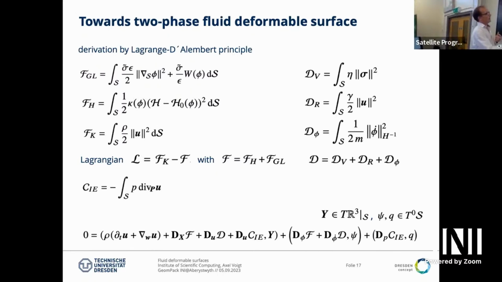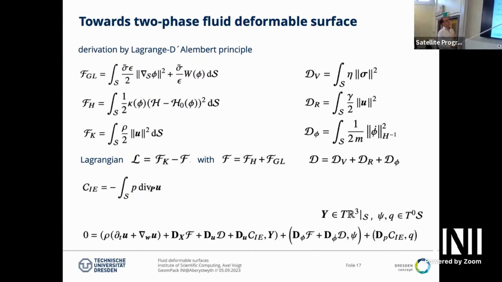One is by the fluid, that's our rate of strain tensor. We have friction, and we have dissipation due to the phase change. So we have a dissipation potential, we have our energy, and we can define a Lagrangian.